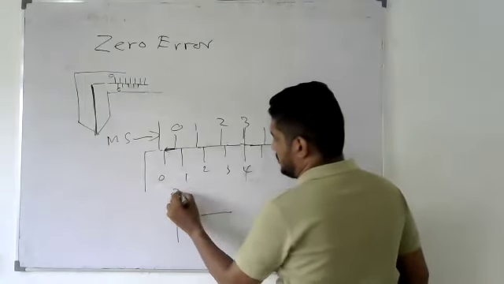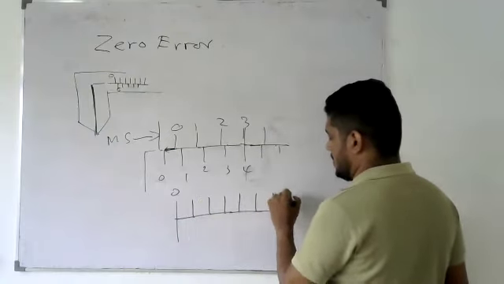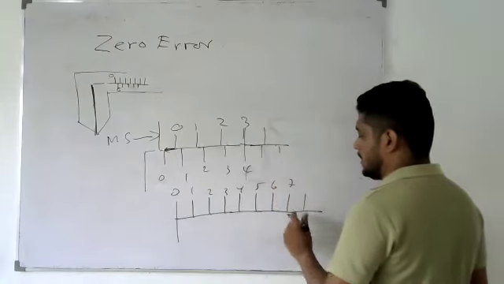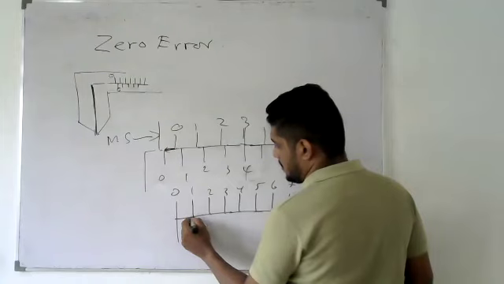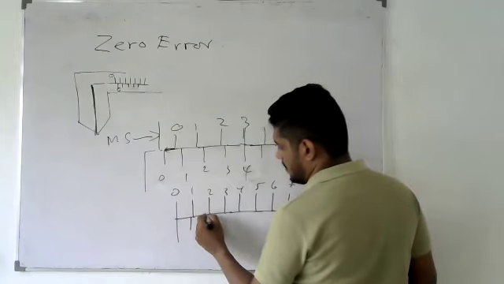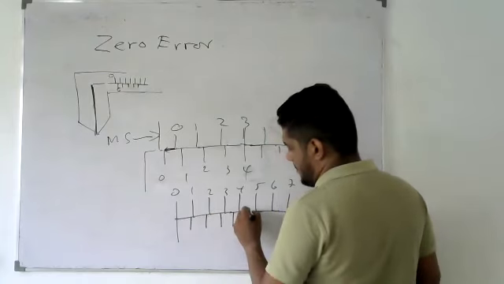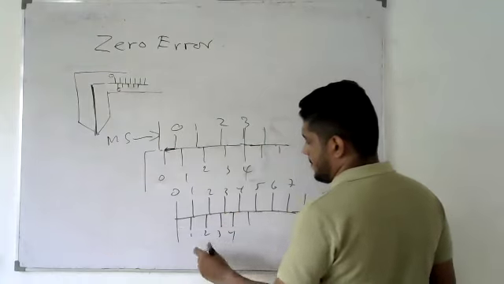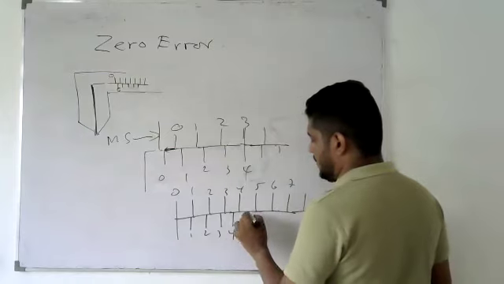Just imagine a position where 1, 2, 3, 4, 5, 6, 7 like that. Very important.